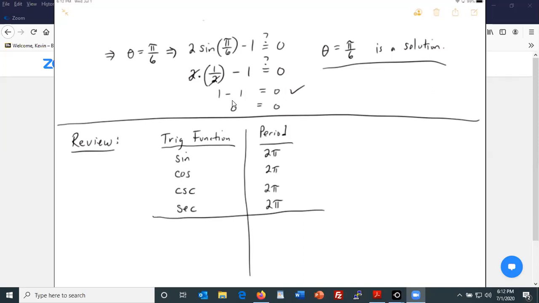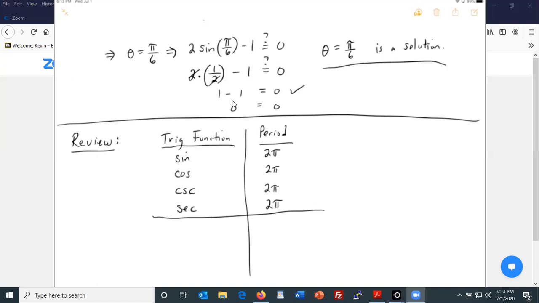And our period just means the length of the x-axis. So it's like a horizontal length. If you want to think of it in terms of time, we could always think of it like that too. You could say it's the length of time or the horizontal length that it takes for the function to repeat itself. So remember, trig functions are periodic functions.